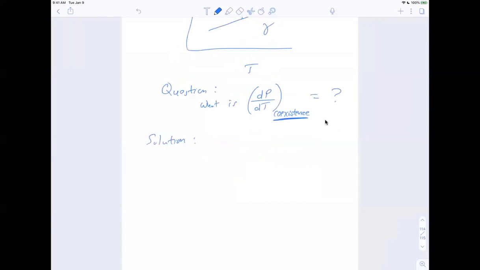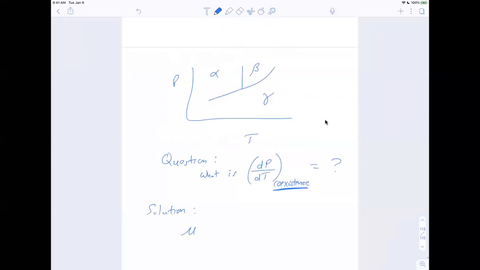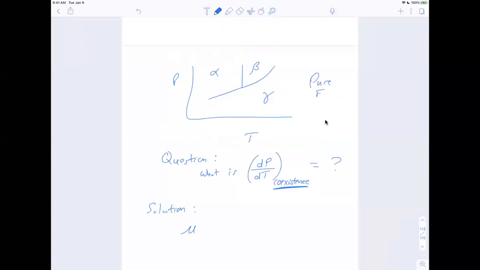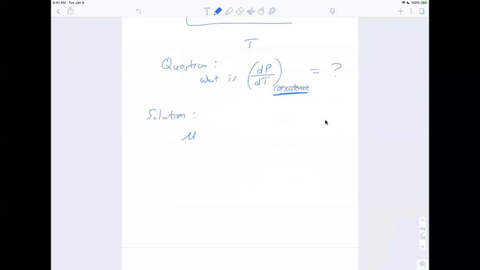We know that mu, since this is a pure fluid, in the alpha phase, let's say we're dealing with alpha and beta for the moment, okay? So the solution for alpha-beta coexistence will apply to any of the combinations, alpha gamma or beta gamma as well.